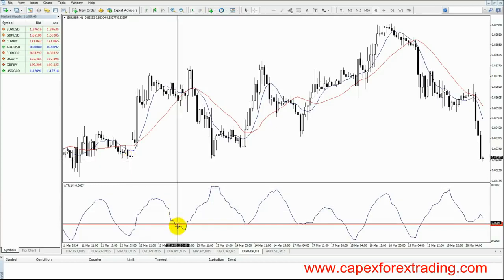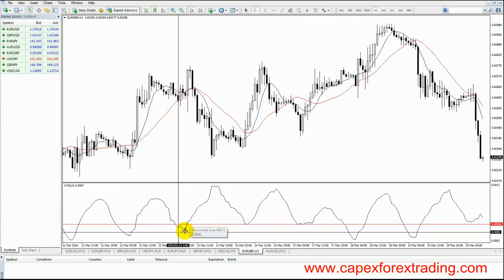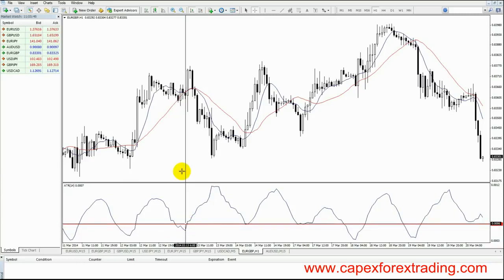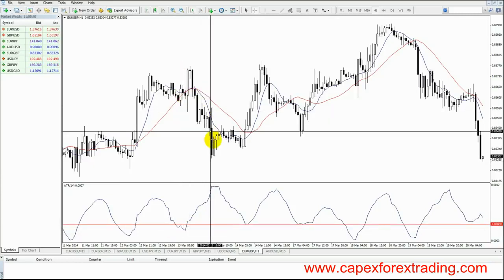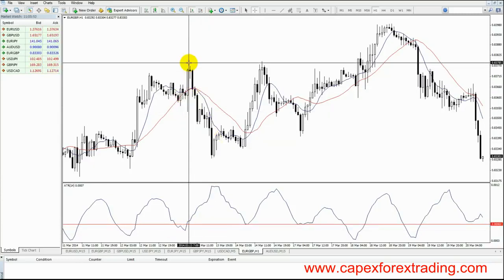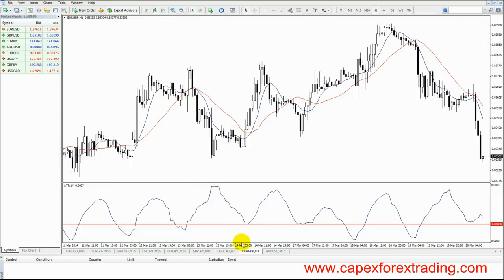And we've got the same here. We have a reading below the horizontal line, and we also have a new downtrend that begins at exactly the same point. So have a little play with your charts depending on which time frames you use. But if you are using the 1 hour time frame, a reading of 0.0006 should be good enough for you.